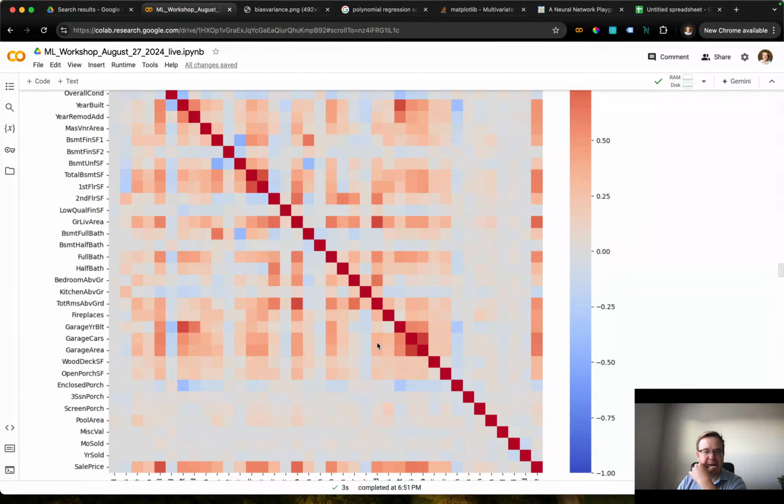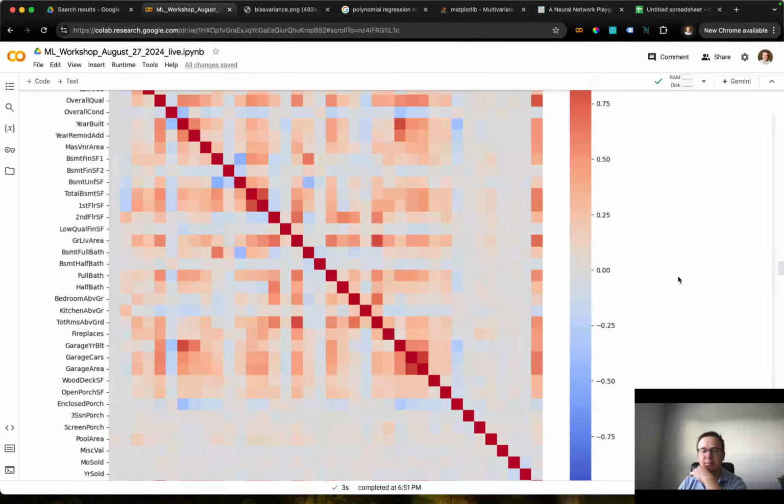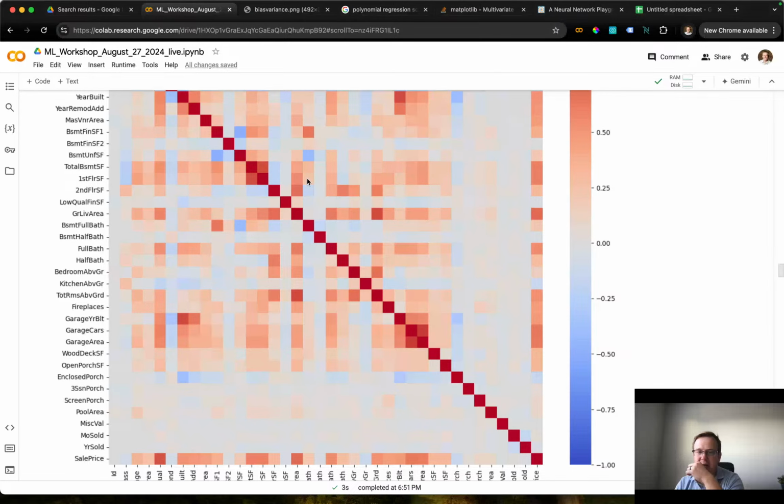Okay. So now you can see that most things in this data set are positively correlated, including positively correlated with sale price. Whenever we have negative correlations, they're fairly weak. Okay.